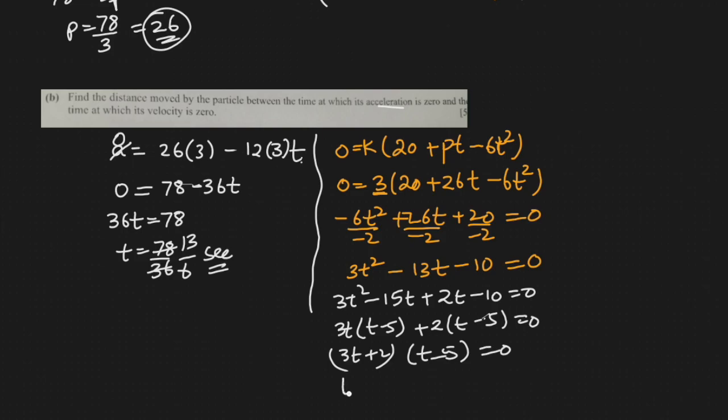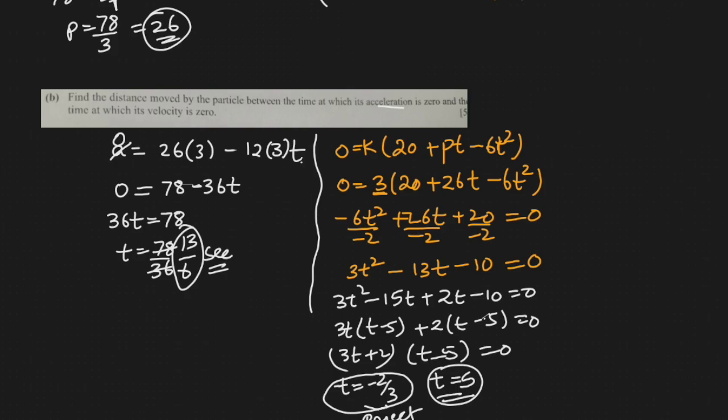So this gives me t equal to minus 2 over 3 and t equal to 5, and we cannot use the negative time, so reject this one. t equal to 5 we'll use. So now we have 13 over 6 and 5. Which one of them is smaller? This one is smaller.